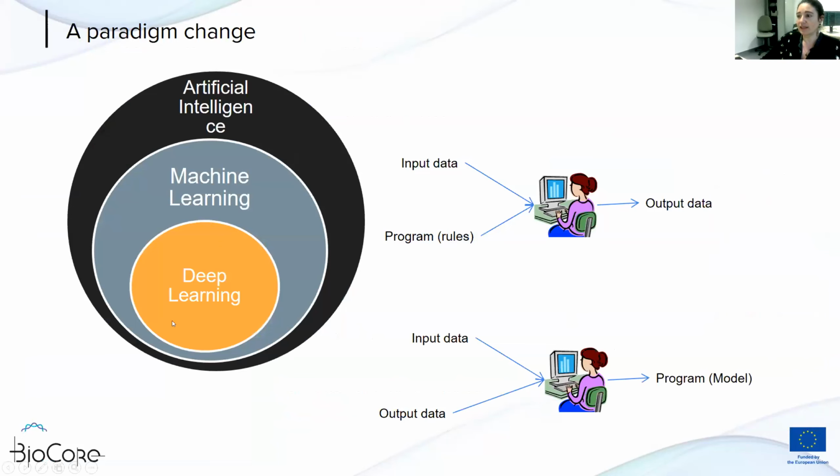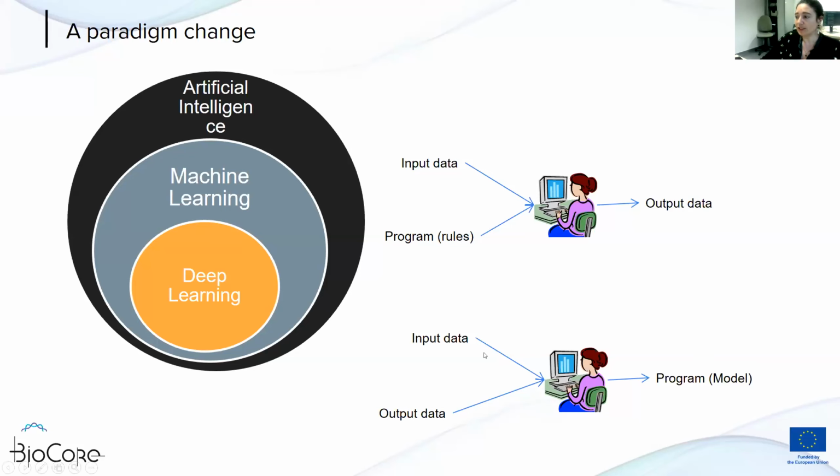Okay, so basically deep learning is somewhat a paradigm change. You have heard that a lot during the previous sessions as well. Usually when we do computer vision or any other kind of problem, we have some input data and then we design a program, some rules, some way to obtain your output data.